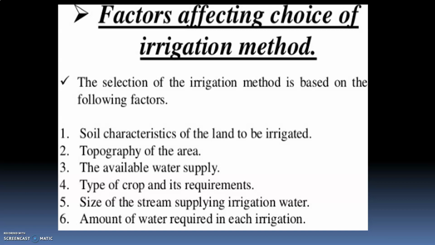Then the size of the stream supplying irrigation water, and the amount of water required in each irrigation. All these factors are to be considered before the selection of any irrigation method. In the next class, we'll see what the different types of irrigation methods are.